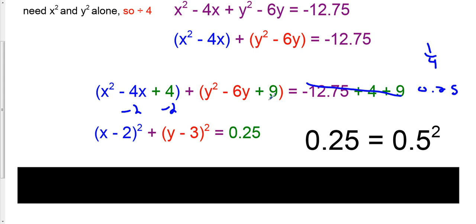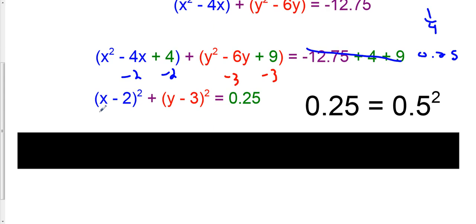For this one, it's what two numbers would multiply to 9 and add to negative 6. So that's the negative 3 and negative 3. So x minus 2 squared plus y minus 3 squared equals 0.25, or again, remember that's like 1/4. So this is our equation for the circle, and it's in standard form.